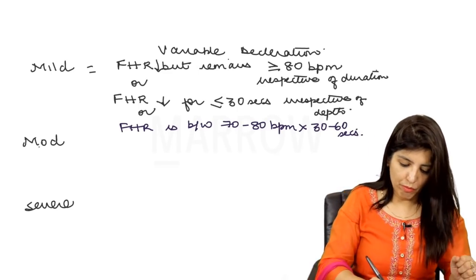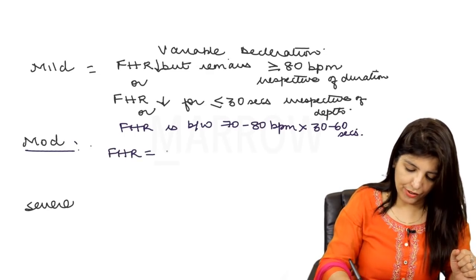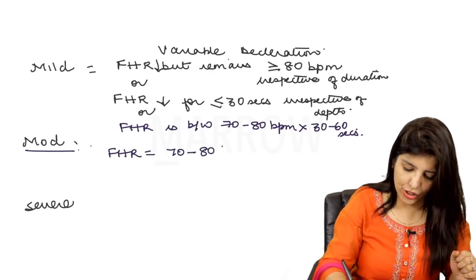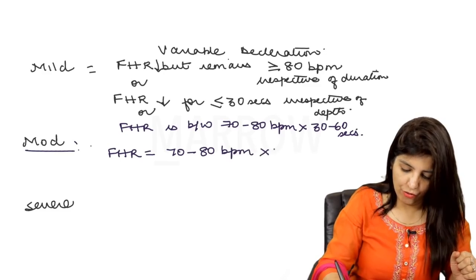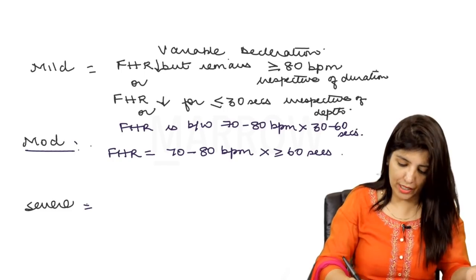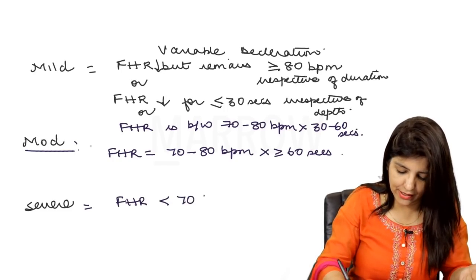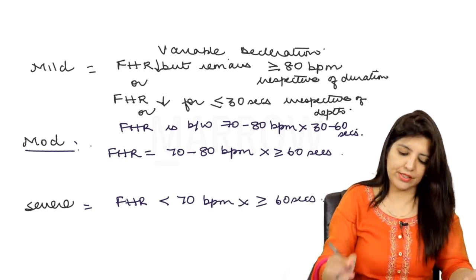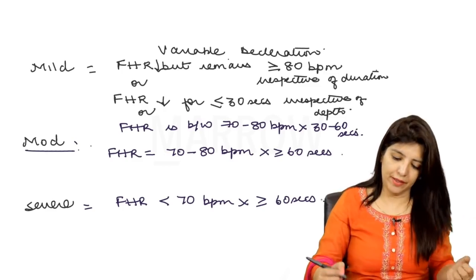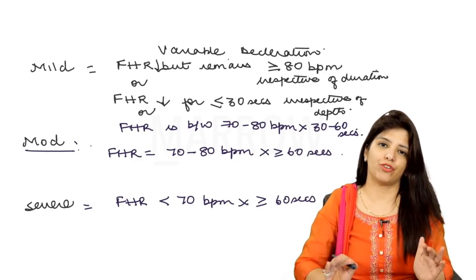Right? Moderate variable deceleration means fetal heart rate dips down to between 70 to 80 beats per minute for more than or equal to 60 seconds. And severe variable deceleration means when fetal heart rate is less than 70 beats per minute for more than or equal to 60 seconds. Clear? So this is how you define variable deceleration, the mild, moderate and severe.